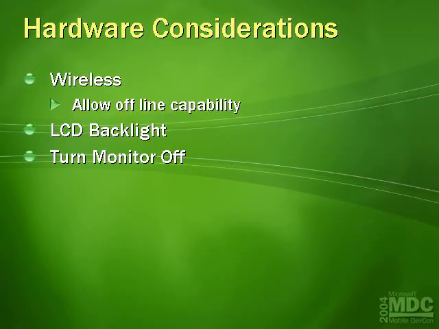And along with that, on hardware considerations, there are things I can do to help prolong the battery life. Along with all the other things I talked about, I often give the user the ability to turn off the wireless, or dim the LCD backlight, or turn the monitor off if I'm not using it within 3 minutes.